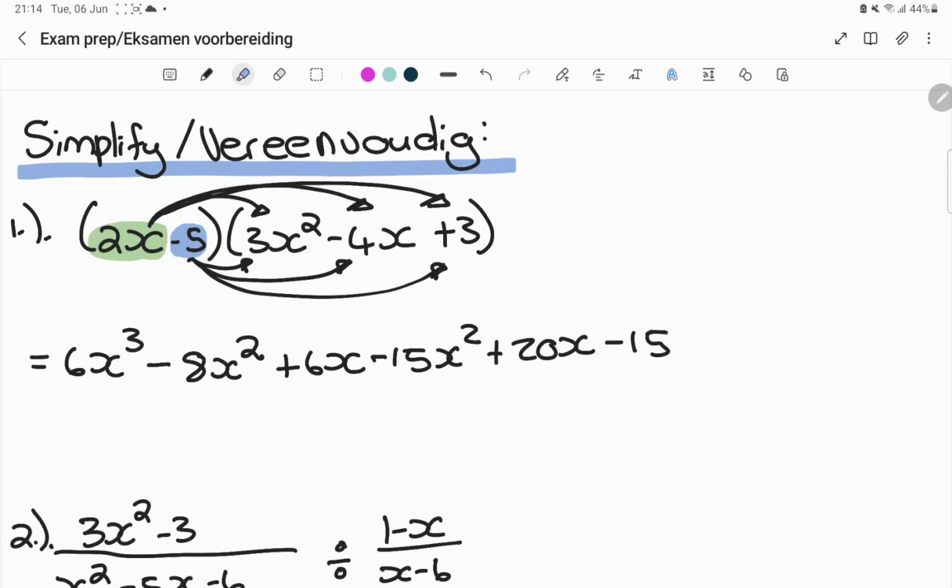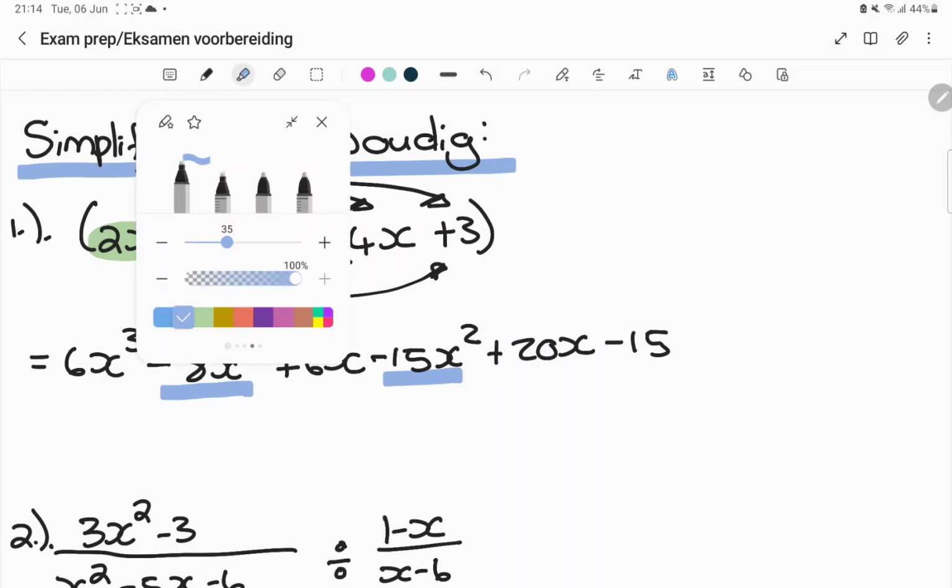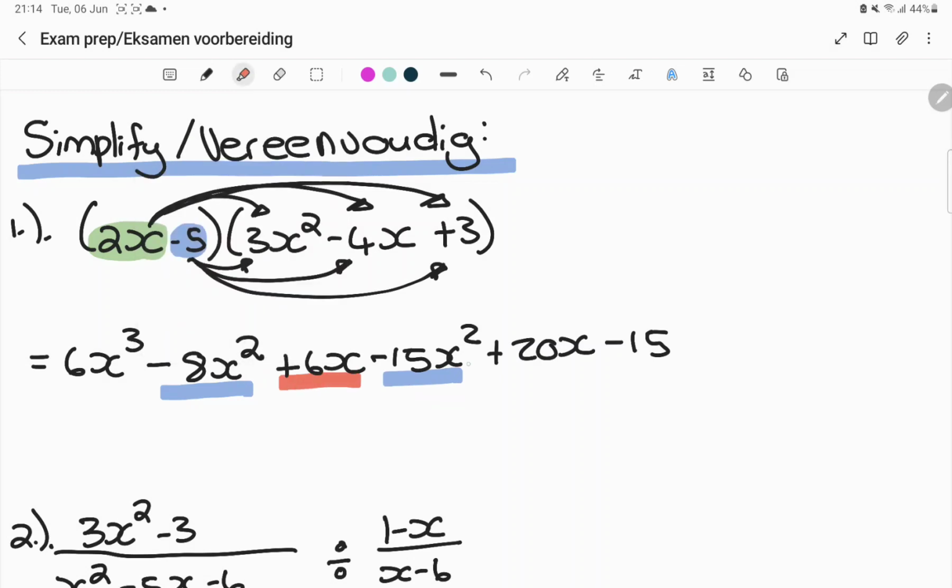Now you're going to put all your like terms, al jou soortgelyke terme, together. So I have an x squared here and an x squared there. I also have a normal x here and a normal x there.